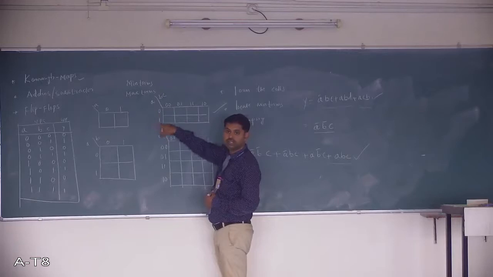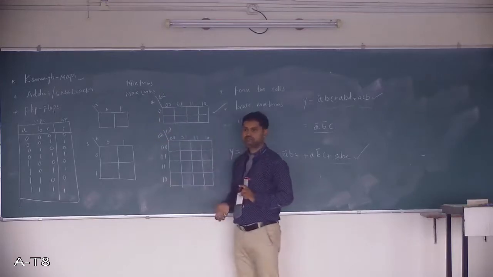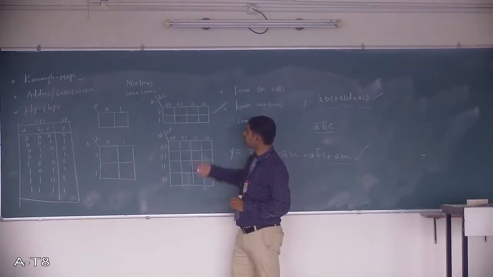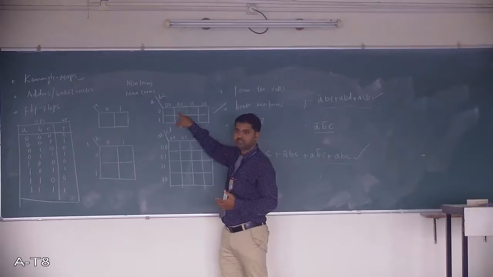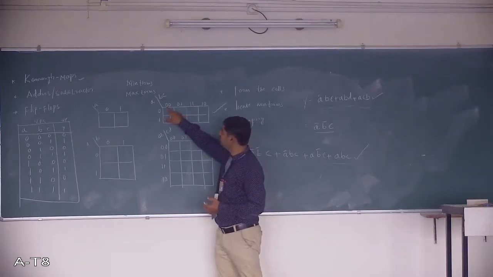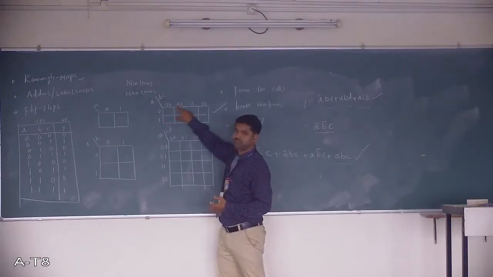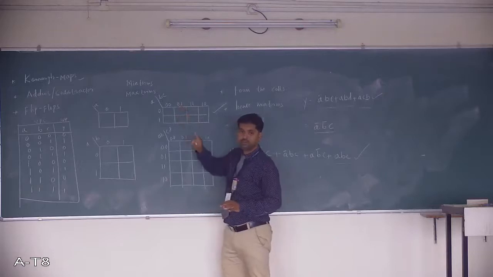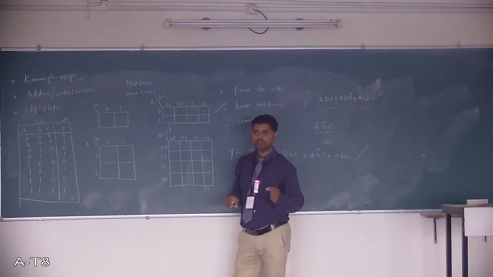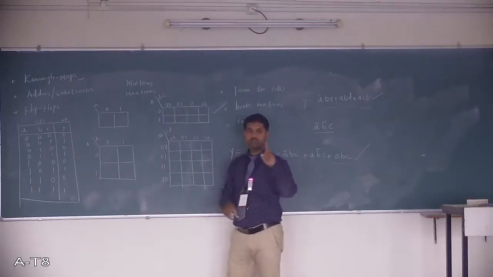So they differ by 1 bit. This and this cell are adjacent. Check their values. First bit is 0, here also 0, they are the same. Second bit is 0, second bit is 1, they differ. Only one bit differs.